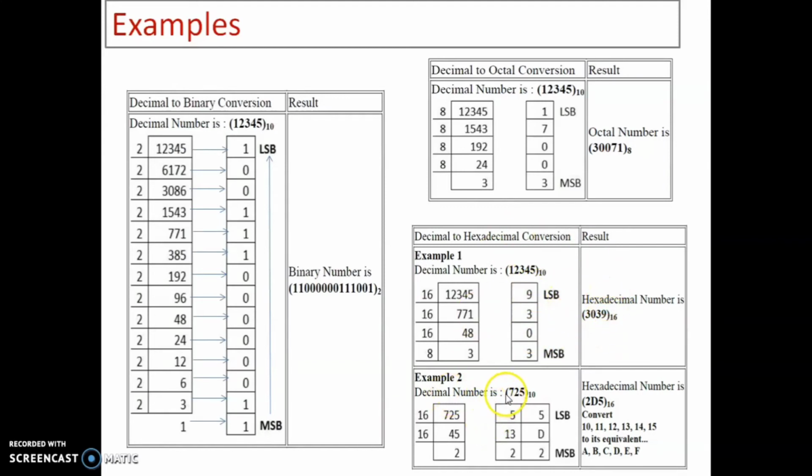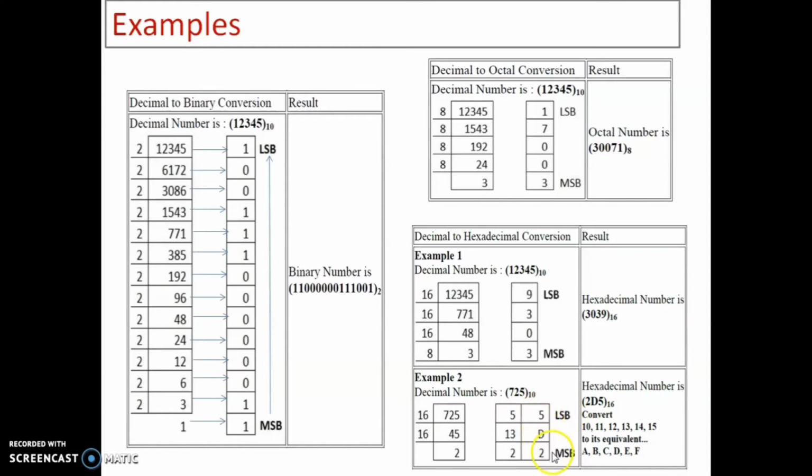See another example of hexa. Convert 725, that is a decimal number, to hexa. Divide this and note the remainder. Divide by 16. We get the quotient as 45 and remainder as 5.